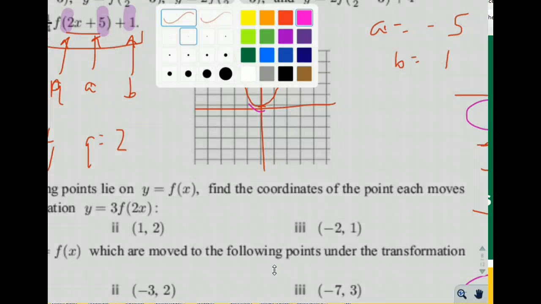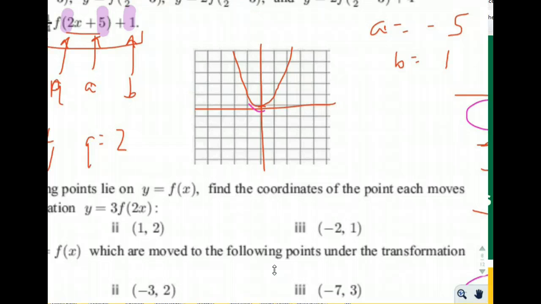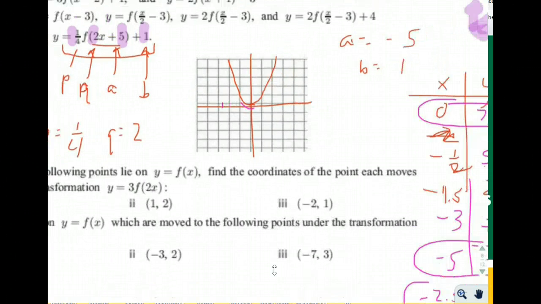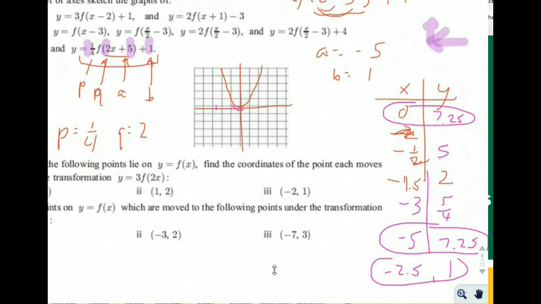And then these other points, like at 0, it's going to be at 7.25, which is quite high. At -5, it will also be at 7.25.